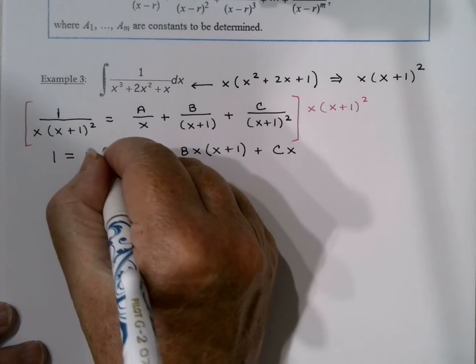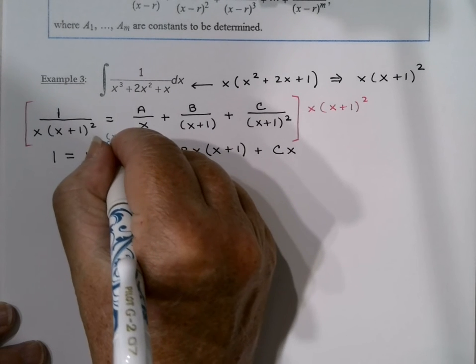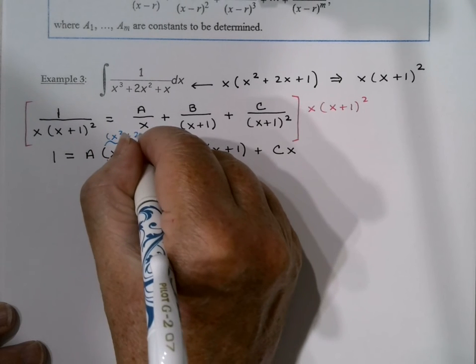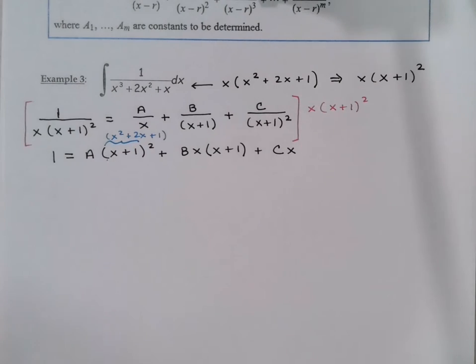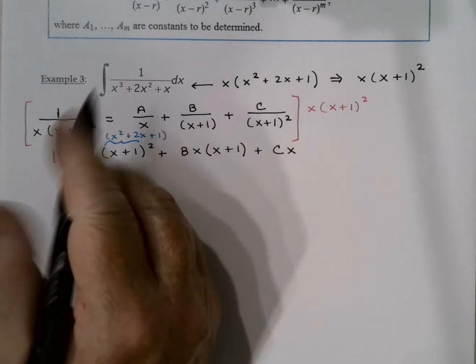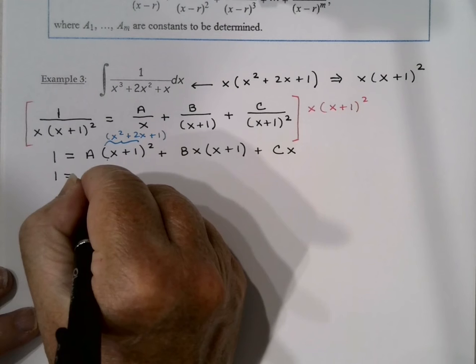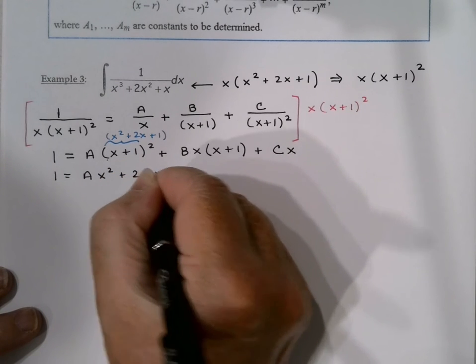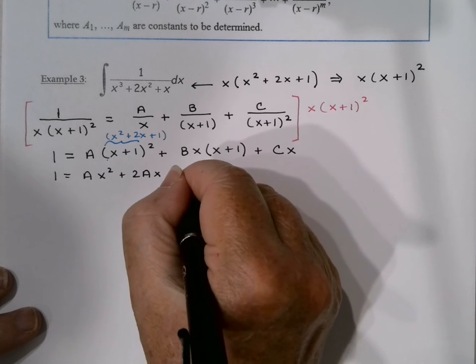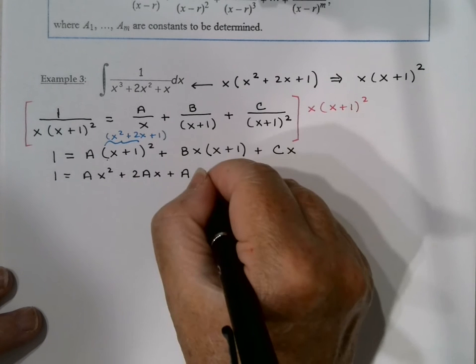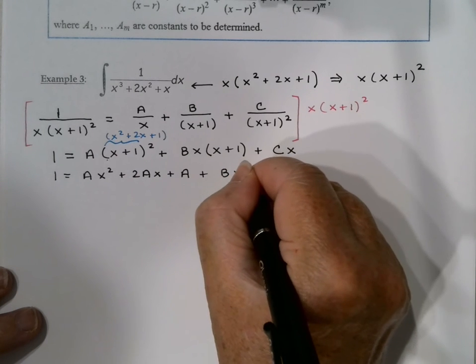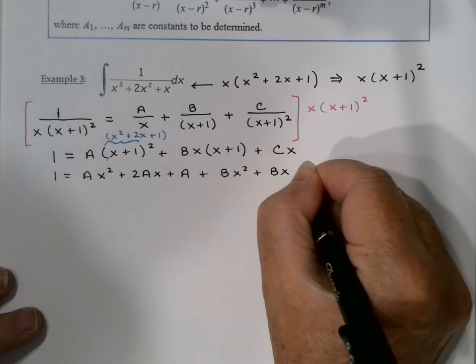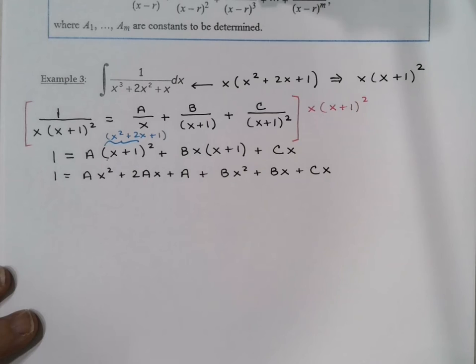This, remember, is just x squared plus 2x plus 1. So when I go to distribute, I would have Ax squared plus 2Ax plus A, and then plus Bx squared plus Bx plus Cx.